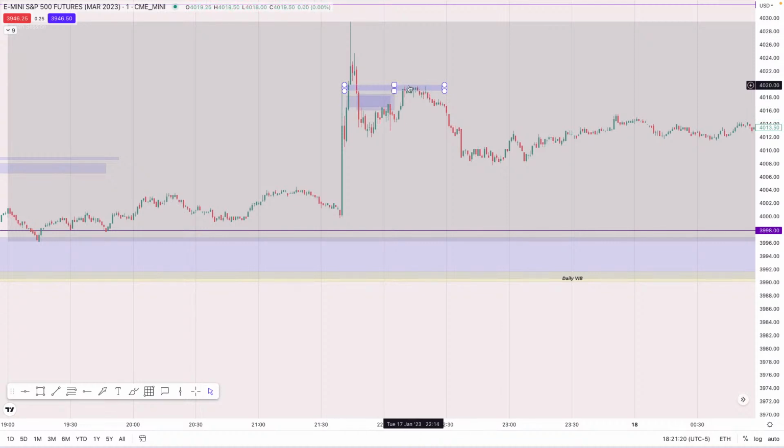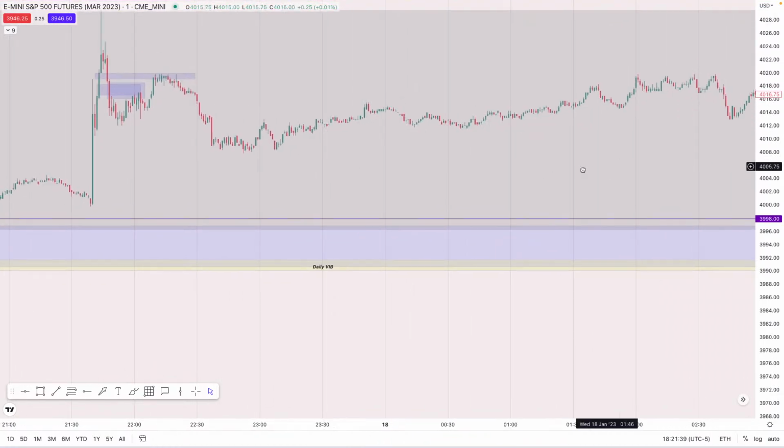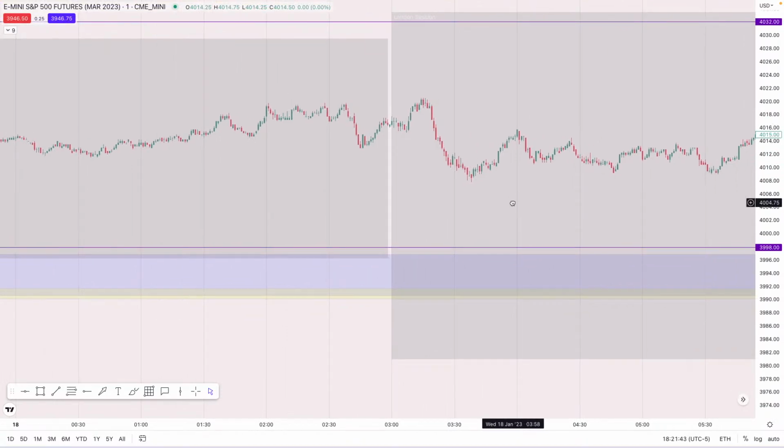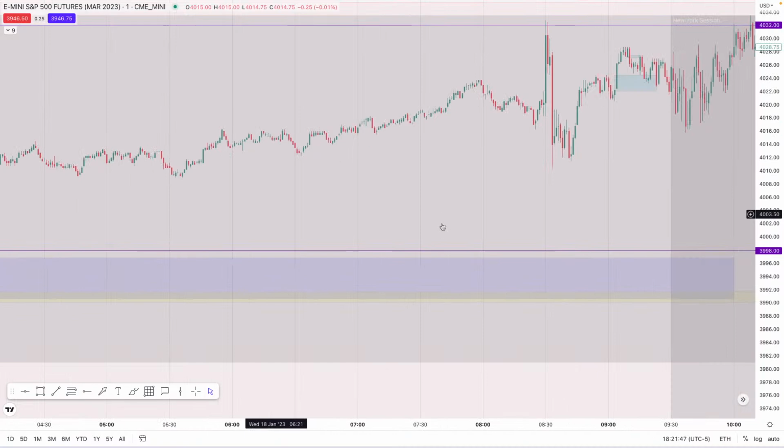So I waited for it to get up in here, and then took a short down to 50% of the 5-minute fair value gap. And it comes down to the 50% level. And that was that done for the Asian sesh. Asian sesh stays flat after that, and London stays flat after that.